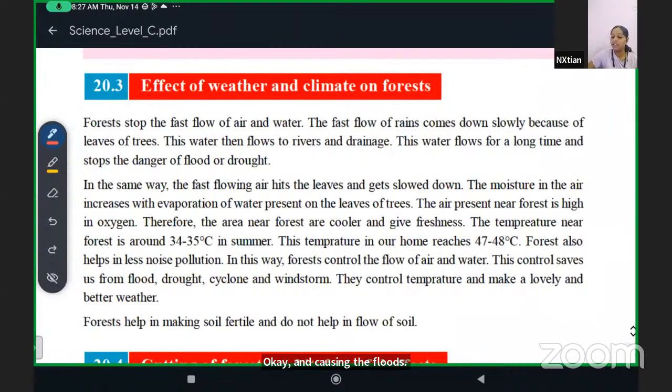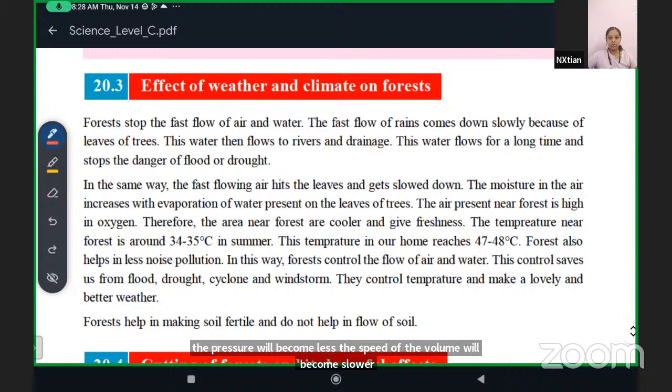When the raindrops hit the trees and then fall to the ground, the speed of the raindrops falling will get slowed. The pressure will become less, the speed of the falling rain will become slower. And then that rainwater will flow to the rivers and the drainage.